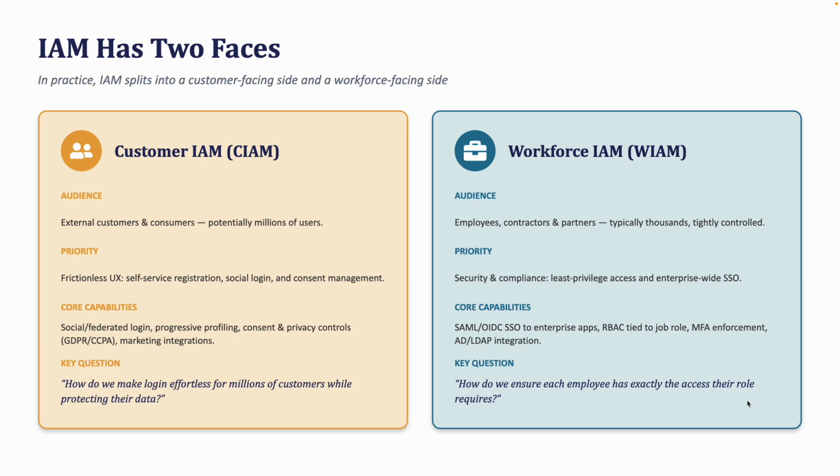And consent and privacy controls, and also various integrations with different systems for allowing your customers to have a seamless experience. So the key question CIAM systems need to answer is how can they make login effortless for millions of customers while protecting their data.